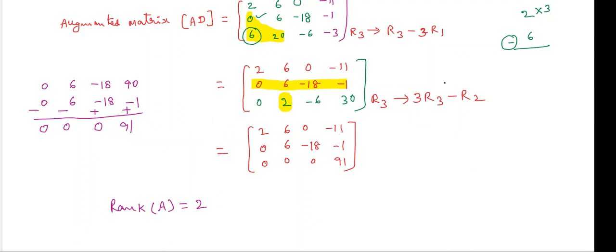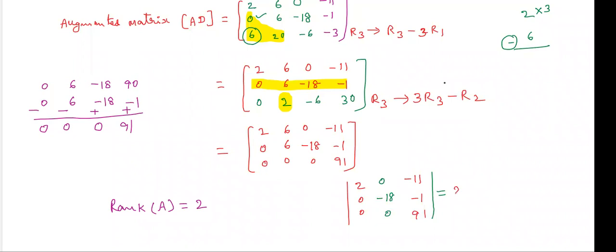But don't delete the first and last column. You can delete either of the middle two. Which one? I am going to delete the 6, 6, 0 column. So the remaining I am writing: 0, minus 18, 0. Expand the determinant.